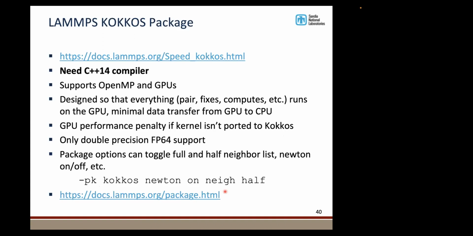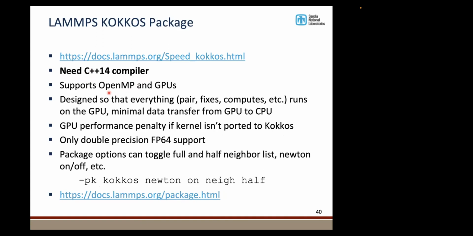Okay, so we've taken Kokkos and we've implemented it into LAMMPS as the Kokkos package. How do you build and run Kokkos in LAMMPS? Well, first of all, you have to use a C++14 compiler. The difference between Kokkos and the GPU package is that the Kokkos package is designed so that everything runs on the GPU, and you try to minimize the data transfer from GPU to CPU.